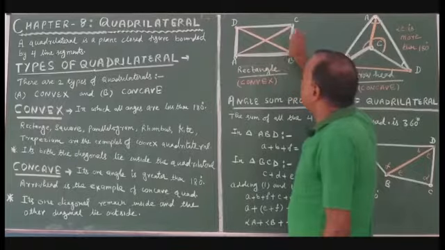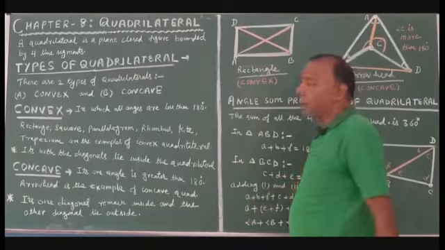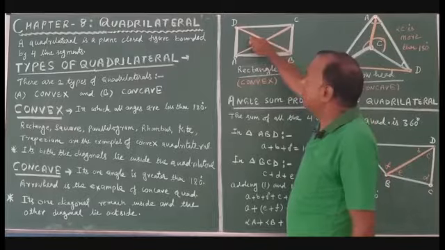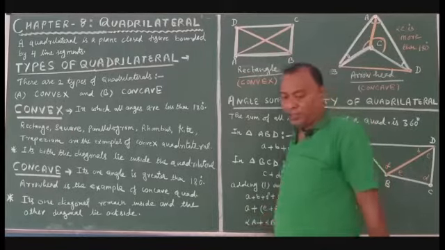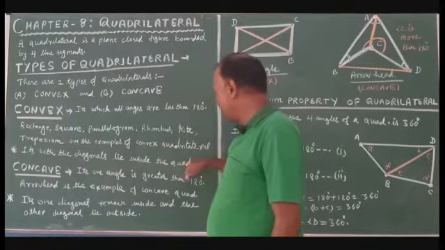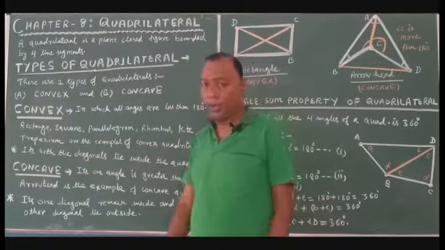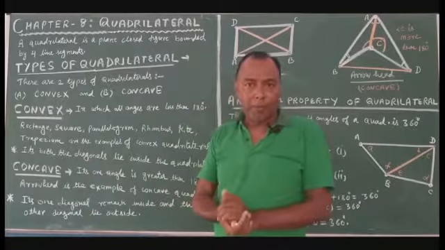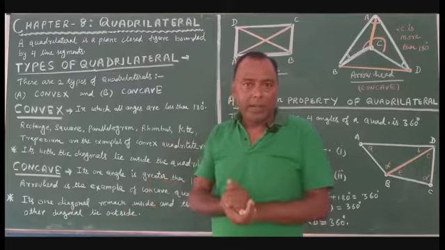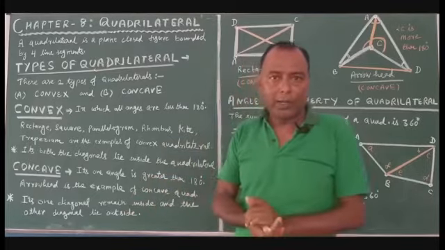Both diagonals are inside the quadrilateral. This is its main property. The diagonals of a convex quadrilateral lie inside the quadrilateral.